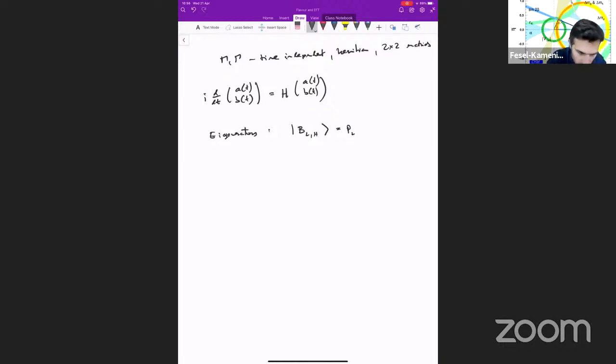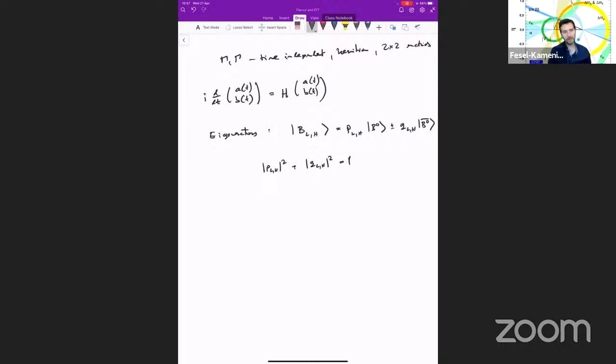So we can write out the coefficients of this linear combination as P_LH times B⁰ plus minus Q_LH times B⁰ bar. And by unitarity, we know that P_LH squared plus Q_LH squared equals 1. Okay.